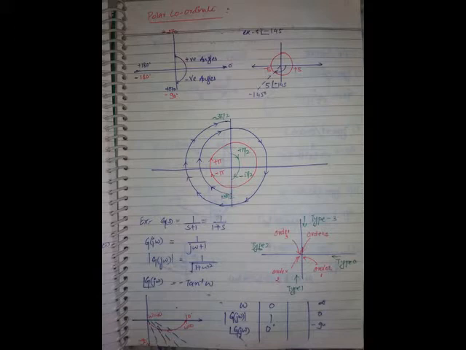You are starting from the second quadrant, passing through first, fourth, third, ending in the third quadrant. So if you travel in this direction, you are starting from plus pi, 0, minus pi by 2 and minus pi. If you reverse this direction, minus pi to plus pi.